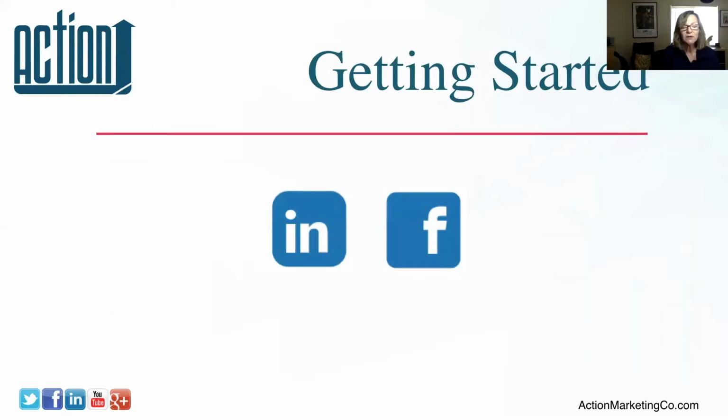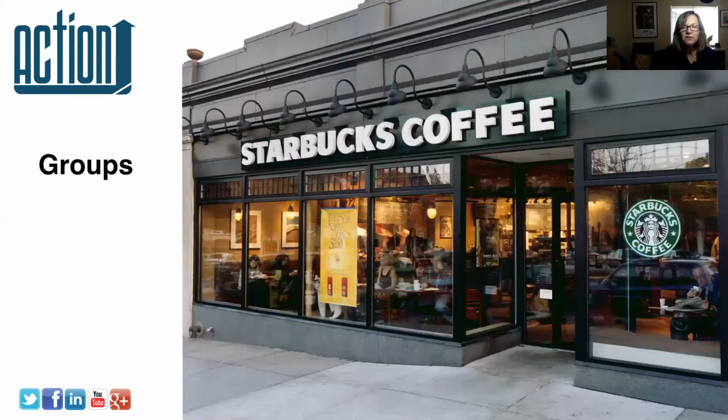We're going to get started with Facebook and LinkedIn. And I want to mention a feature of LinkedIn and Facebook that you want to take advantage of, which is the groups. The groups are very much like Starbucks. There's Starbucks everywhere, right? So if you go to a Starbucks in the middle of a college campus, you're going to find only students and some teachers.